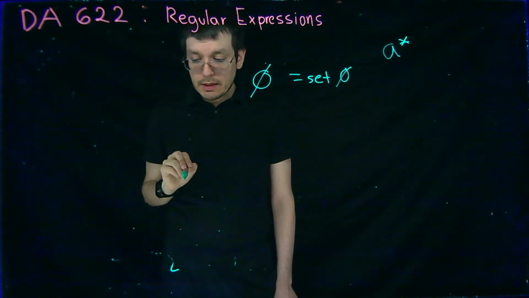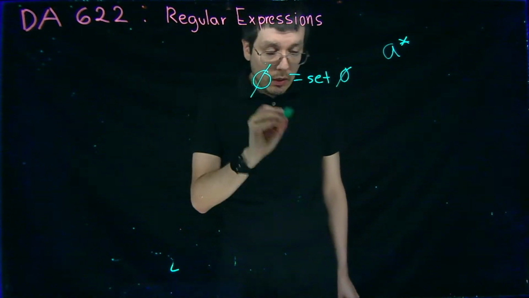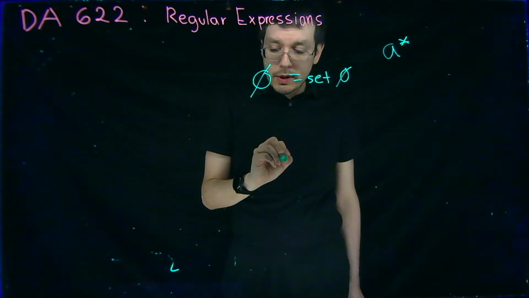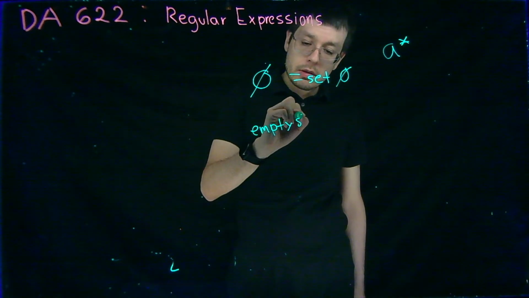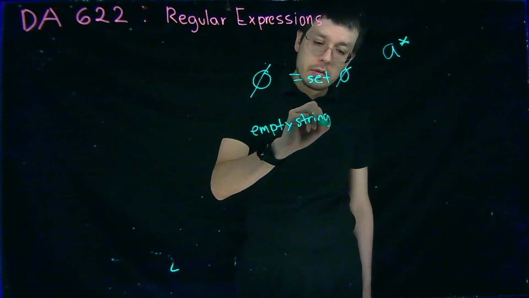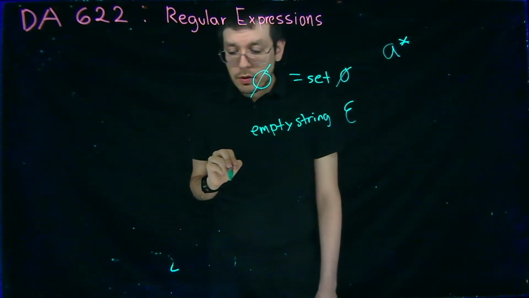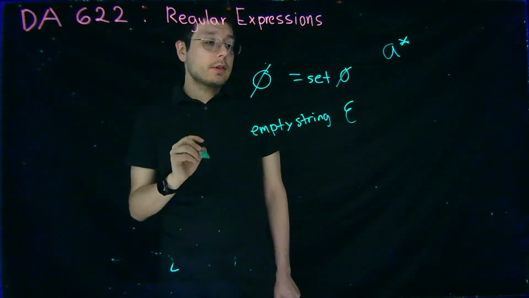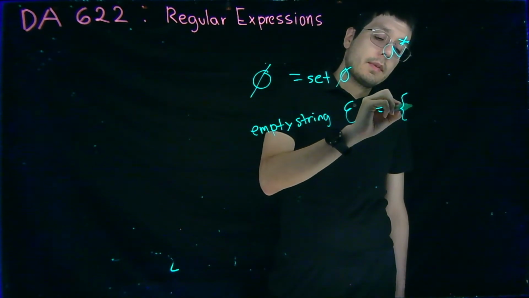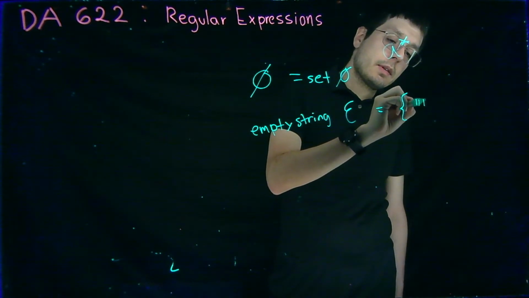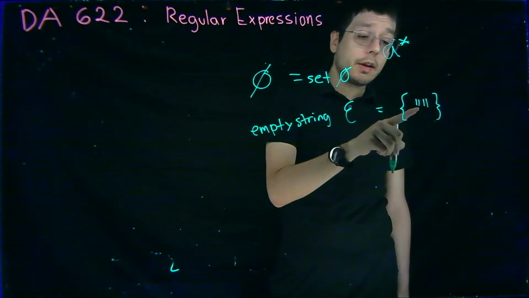Okay? However, if you're looking at the empty string, and you will see this symbol typically used, that contains a set, technically, that has nothing in it, but it's still a string, but it's empty.